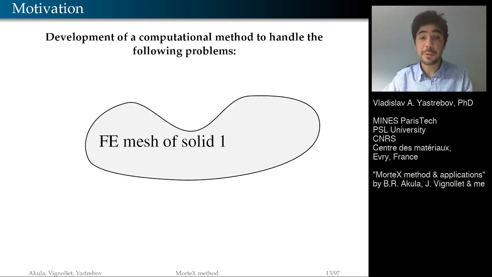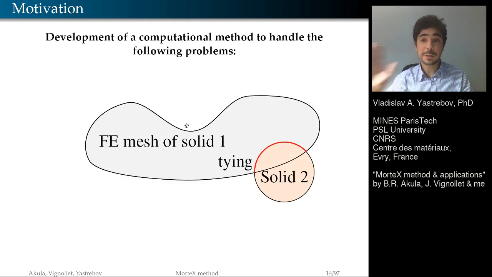And briefly to summarize, we have a fine-tuned mesh of solid 1, and we would like to be able to tie this mesh with another fine-tuned mesh of solid 2, but not along the boundary-fitted surface, but along a surface that passes through solid 1.